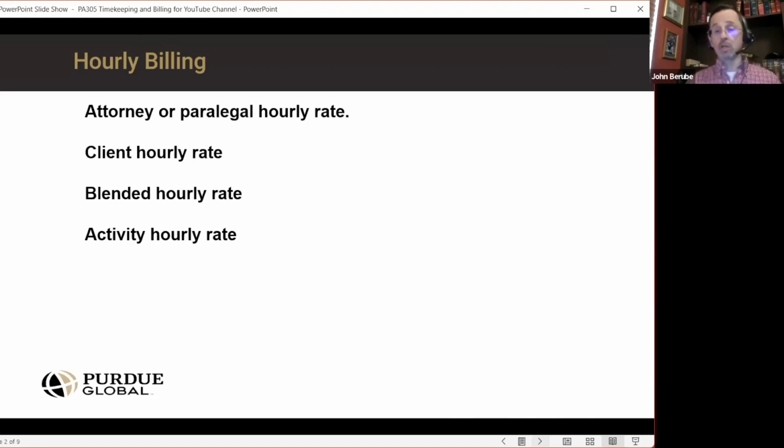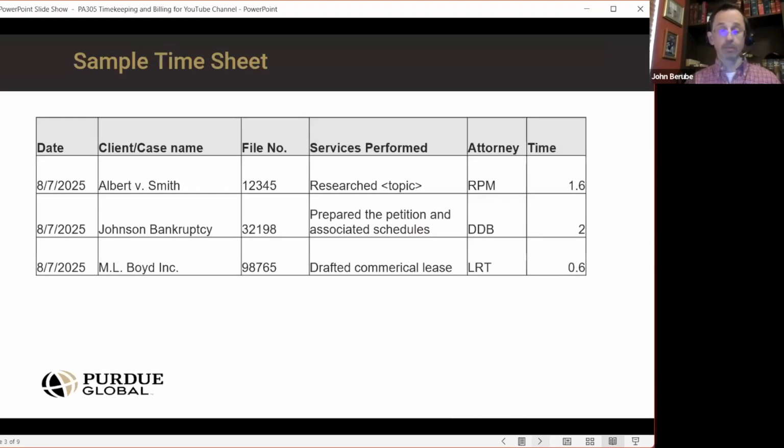If we're talking about an attorney going to a hearing, that rate could be $200 an hour. So we're looking at the activity primarily, and then the individual who's performing it to figure out what is being billed for that task for that individual. So there's a lot of different ways we can do hourly billing rates, and these are the four primary ones that are discussed in the chapter.